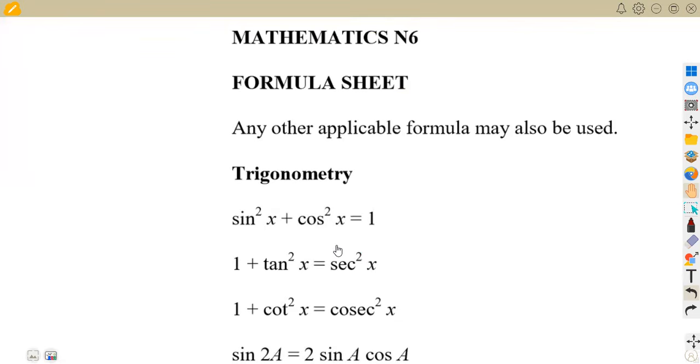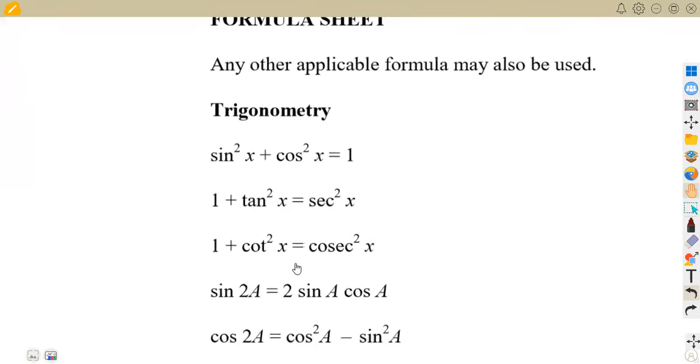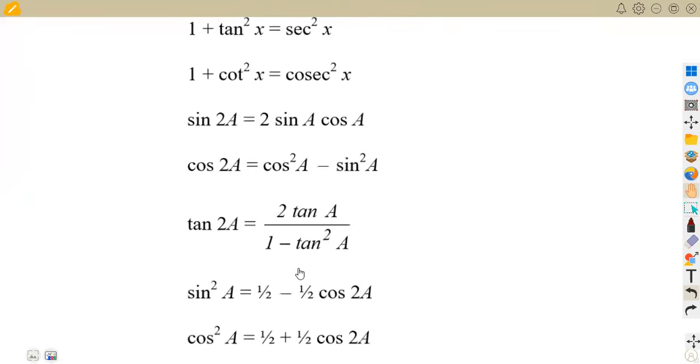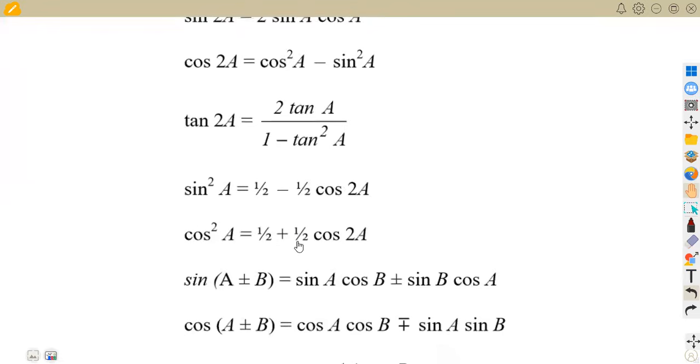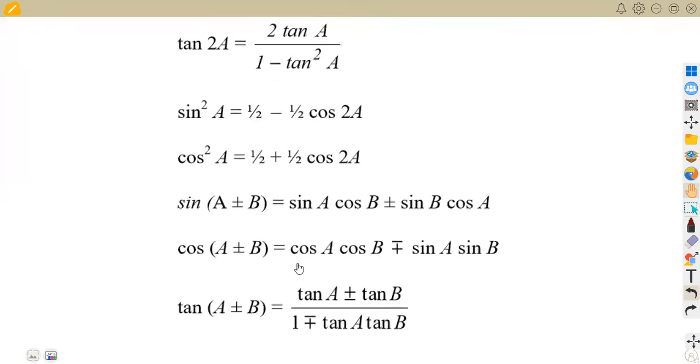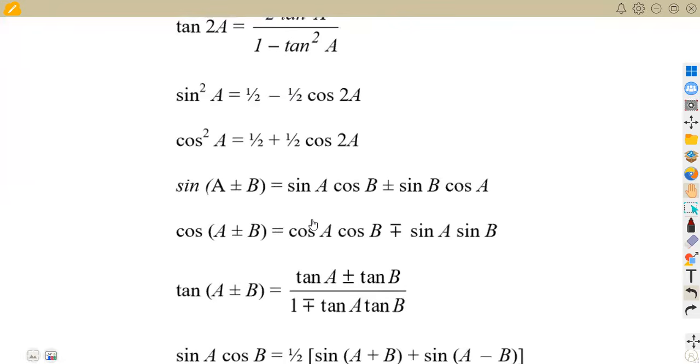Back to your trigonometry, your identities, all of the identities that you are given, you are supposed to be very, very familiar with these identities, all right? I'm not gonna explain much because, guys, this is N6. We have been talking of these identities from our N5, and we've been given this since N4, you still remember.